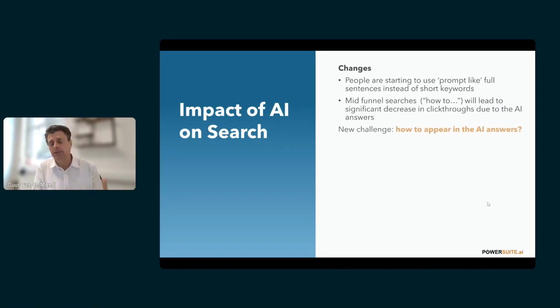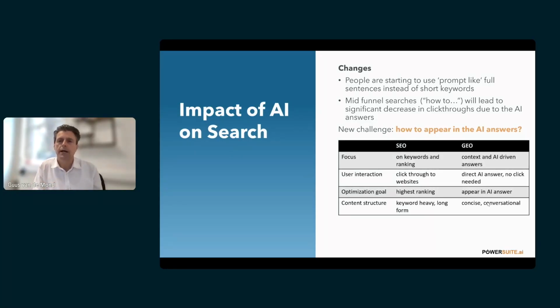Because it's also a new challenge, right? It's all well and good that I've invested a lot in SEO optimization over the past few years, but suddenly there's a new game to play, and I need to start featuring in AI-generated answers too. It sure is a different ball game. I've listed some characteristics here. In SEO, you primarily focus on those keywords, SEO keywords, high ranking.